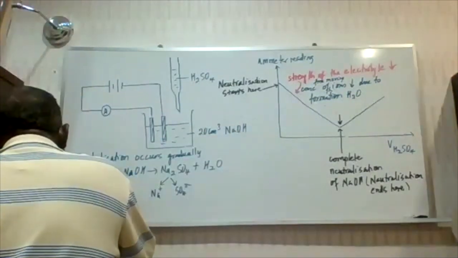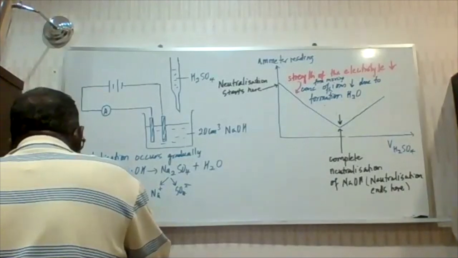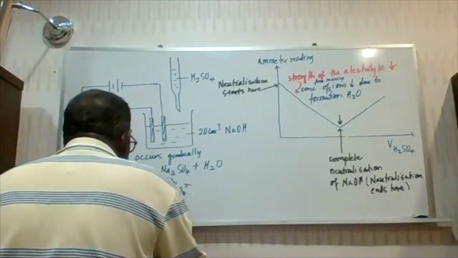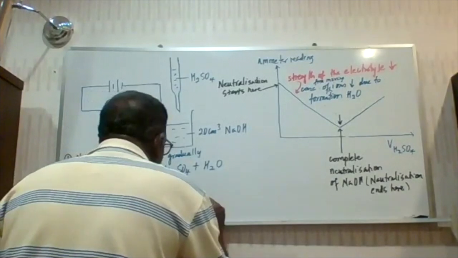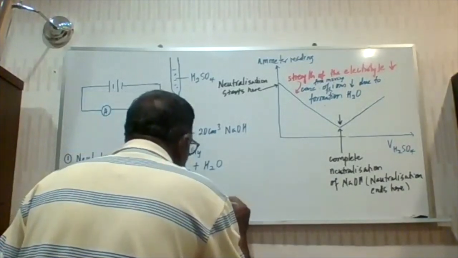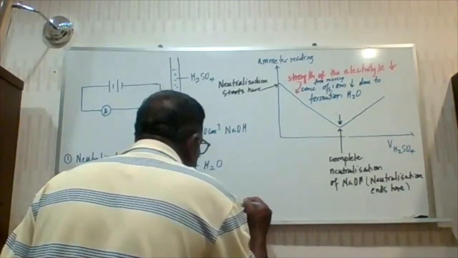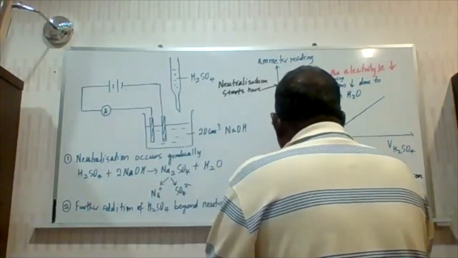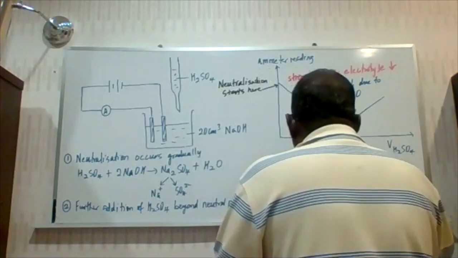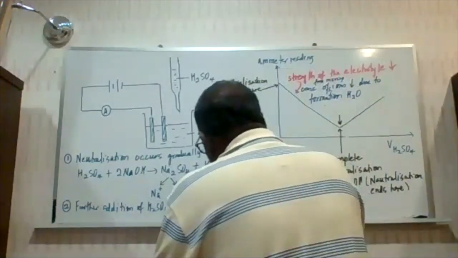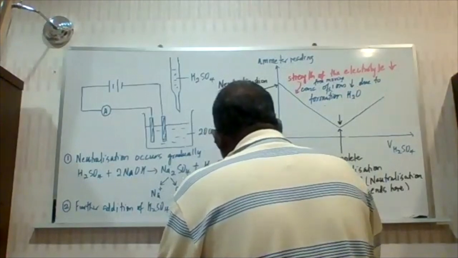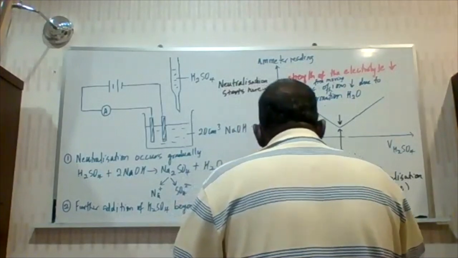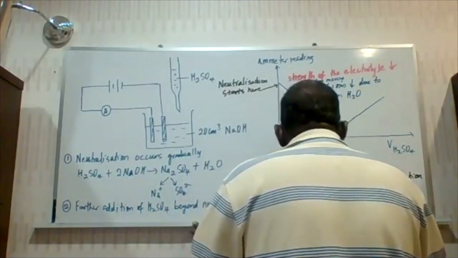That means further addition of H2SO4 beyond the end point or neutral point increases the concentration of free moving ions, due to the contribution of H+ and SO4 ions by the sulfuric acid.